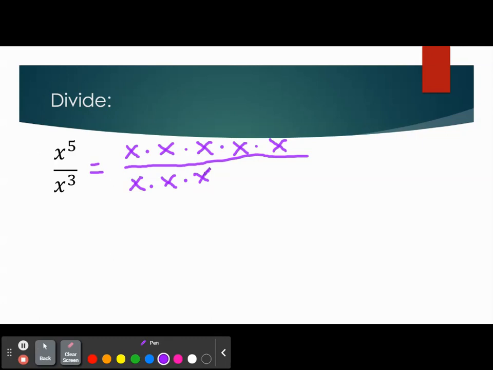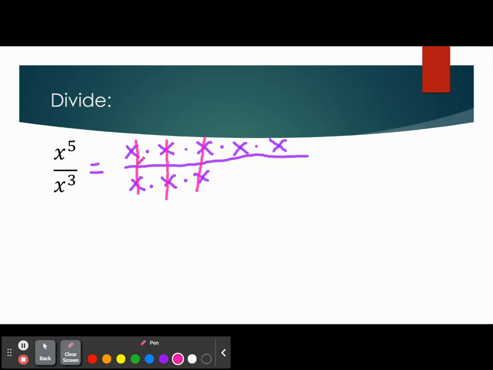So, right here, you see where it has x divided by x? That's 1, so they cancel out. X divided by x is 1. X divided by x is 1. What's 1 times 1 times 1? 1.